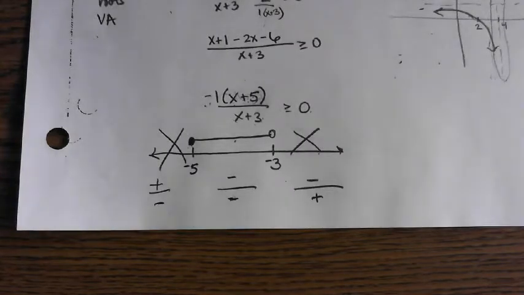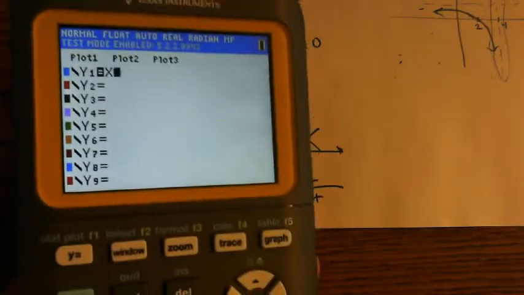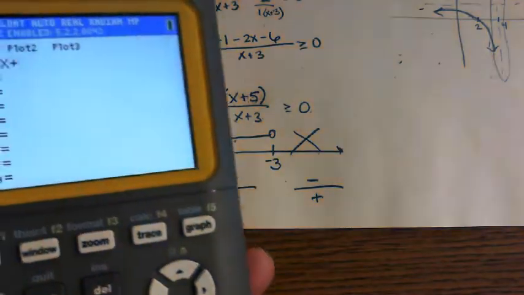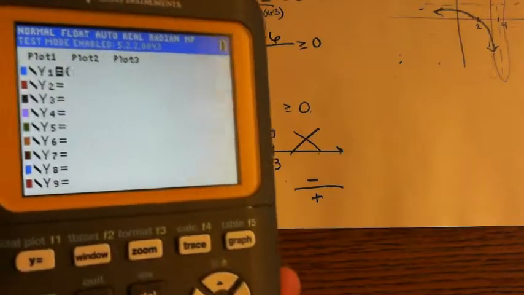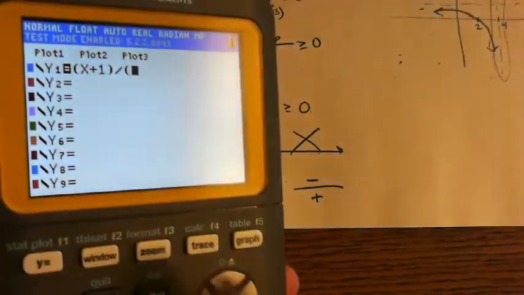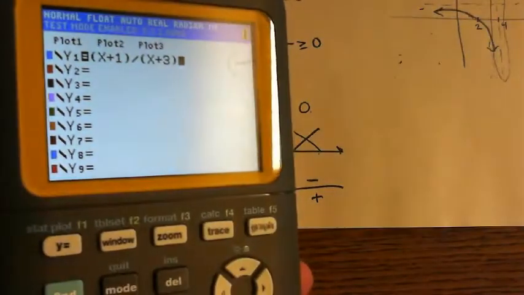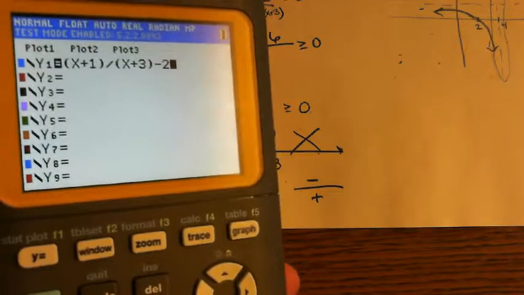So we don't really know too well what this function looks like, so I'm going to show you. x plus 1 divided by x plus 3 minus 2.